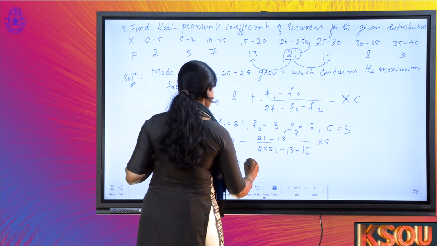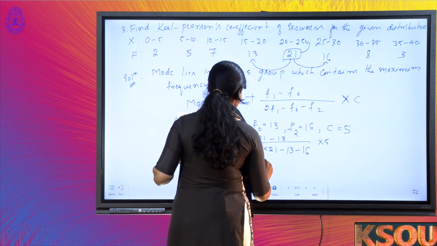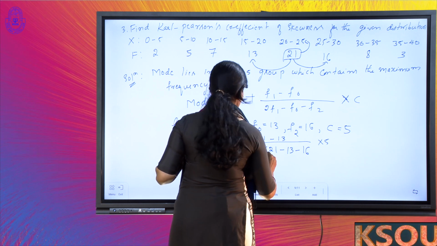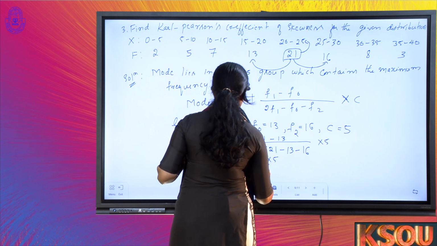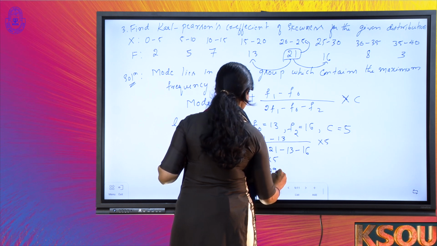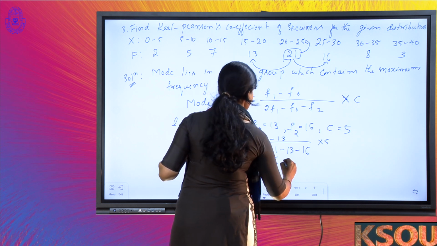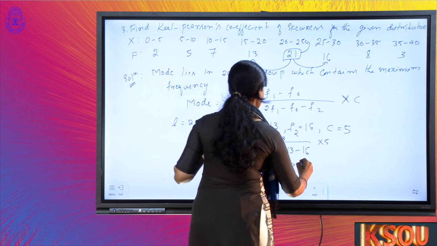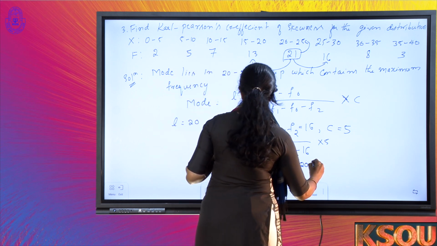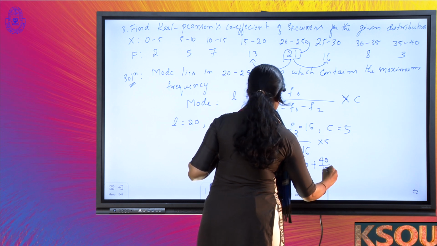So, 20 plus 8 into 5 by 48 minus 29. So 20 plus 40 by 13.